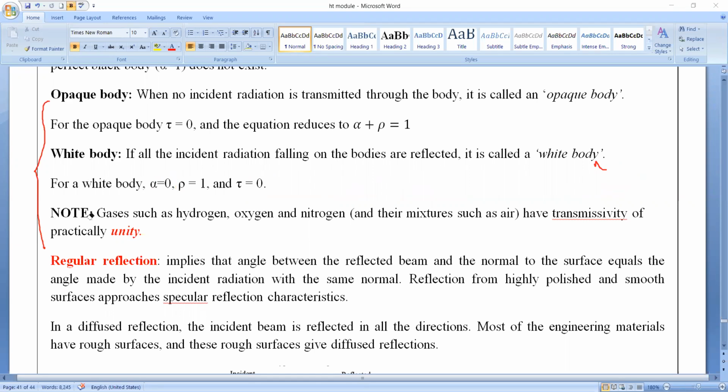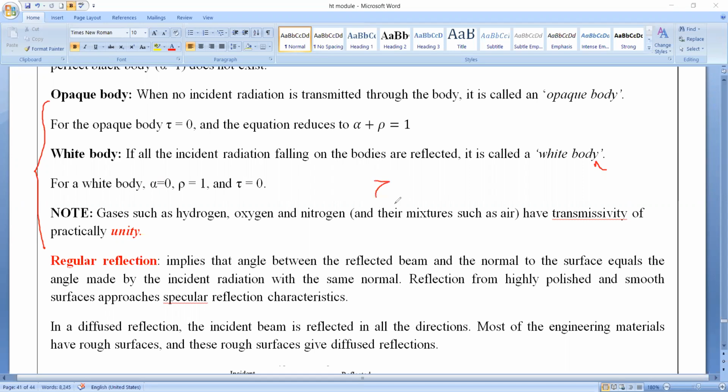Now, this is a very important note. The gases such as hydrogen, oxygen, nitrogen, and their mixtures such as air have a transmissivity of practically unity. Sometimes in competitive exams they will ask for hydrogen, oxygen, nitrogen, or a mixture of those gases, that is air, what is the value of transmissivity?